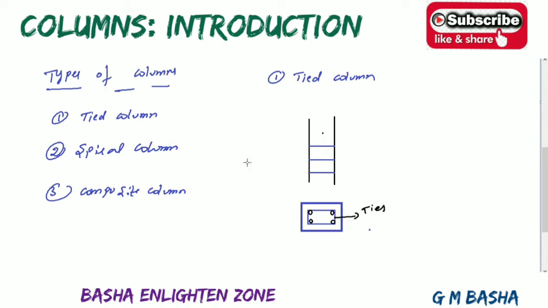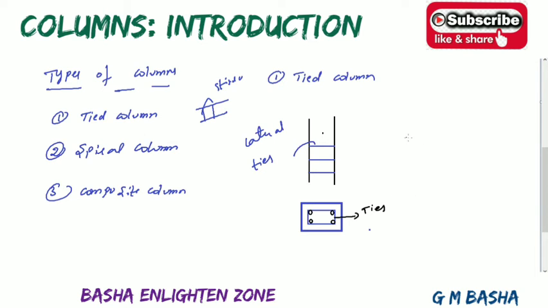I am just showing the rough cross section of a circular column, only the dia bars and the ties. In beams we use stirrups, but in columns we call them lateral ties. Just remember that. This is called a tied column.